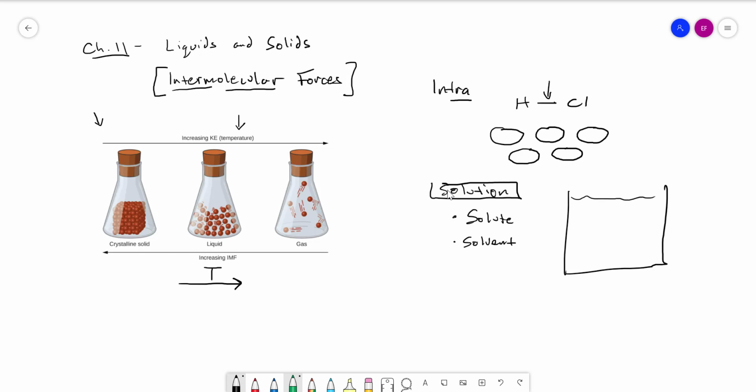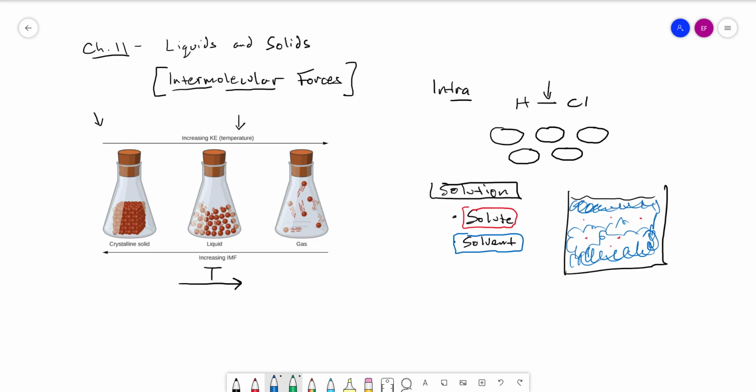Usually that's in minority in terms of the overall composition of this system. So we'll say that the solute is red here, and those are these particles here, and then the solvent is the thing that dominates the system. It's the one that's more abundant or in majority, and so it's the rest of the stuff that makes up this particular solution. So the blue is the solvent, the one in majority, and the red is the solute.